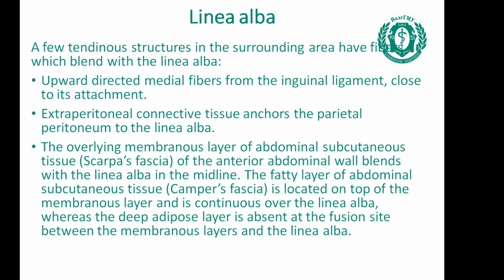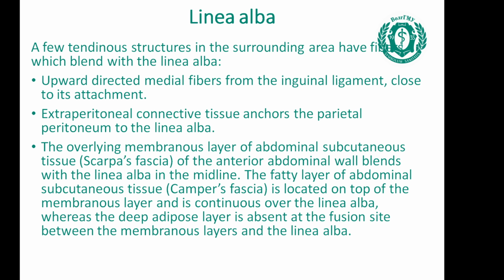A few tendinous structures in the surrounding area have fibers which blend with the linea alba. Upward directed medial fibers from the inguinal ligament close to its attachment. Extraperitoneal connective tissue and the parietal peritoneum also attach to the linea alba.